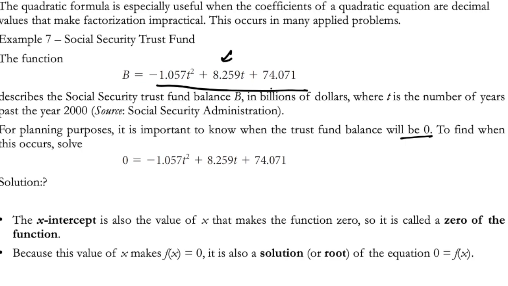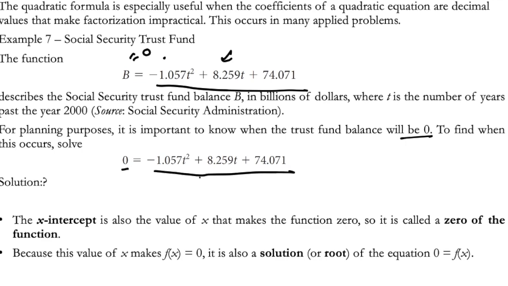Sometimes there's an occasion in which the trust fund is equivalent to 0, because if it is 0, then we can't distribute the money to the pensioners. So we need to know when it will be 0 so that we are prepared. We equate it to 0, then you can see this one.